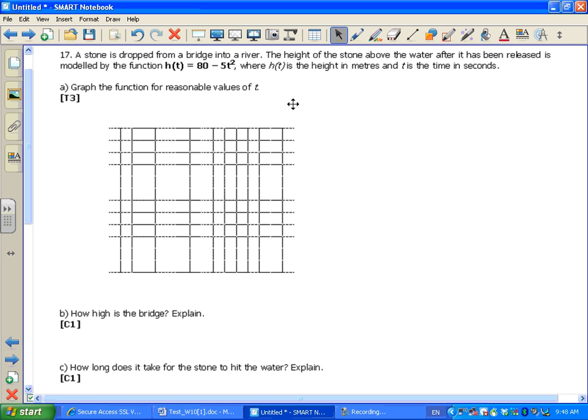Now, at this point, you guys didn't actually know how to find x intercepts, find y intercepts, or much of these equations.